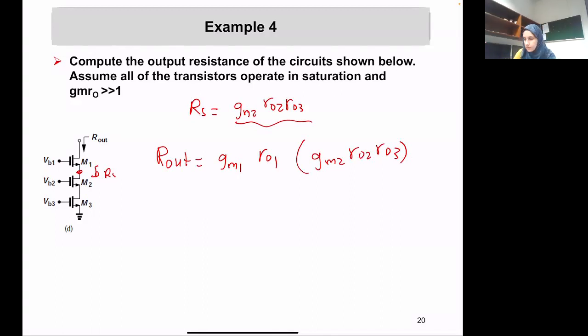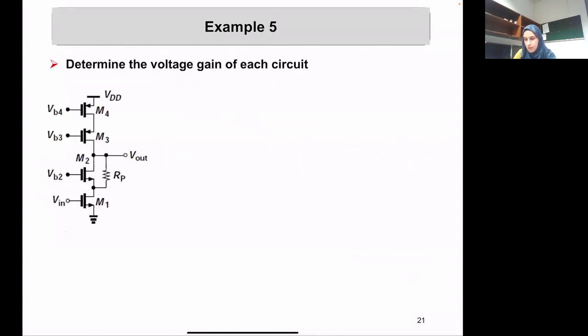Let's see a further example. Now here we want to determine the gain of the amplifier: minus GM1 times the output impedance, which is the output we see here.